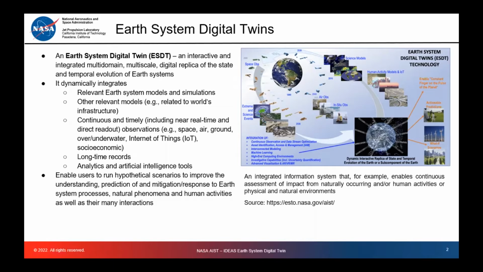In a nutshell, the definition according to the NASA AIST program is to create an integrated end-to-end system that connects observation to model simulation to machine learning, and enables us to do things like estimating the possible damage, and identifying what valuable data we should bring in with the next observation.